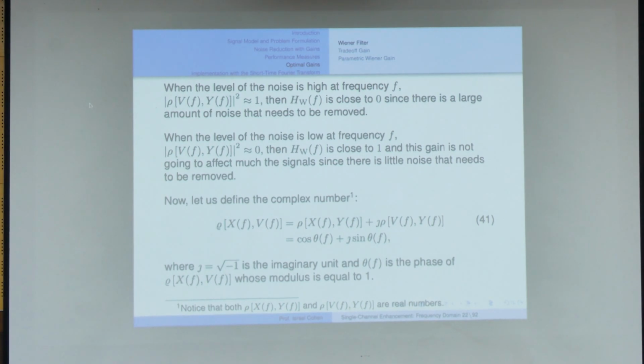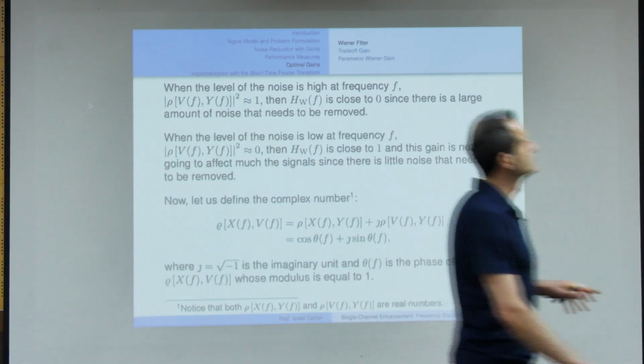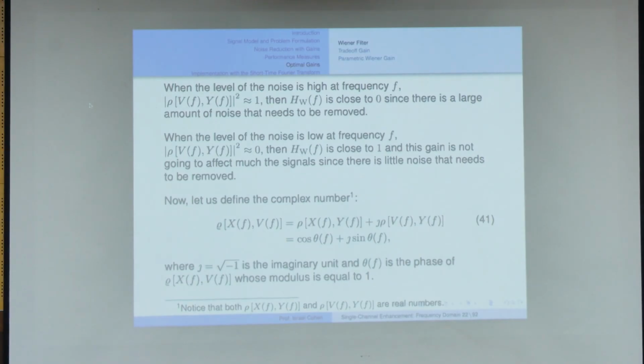Under our model, the magnitude squared of x and y plus the magnitude squared of v and y equals 1. So we can define an angle, which we call theta, for each frequency, such that this will be cosine theta and this will be sine theta.